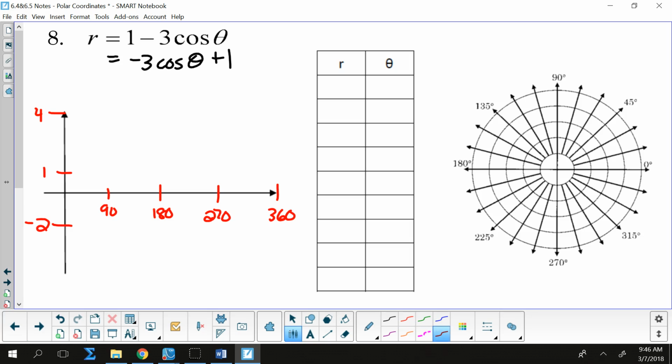Okay, so I'm going to start there. Then I go to the middle. Then I would go up high. Then back to the middle. And lastly, ending down low. Right?